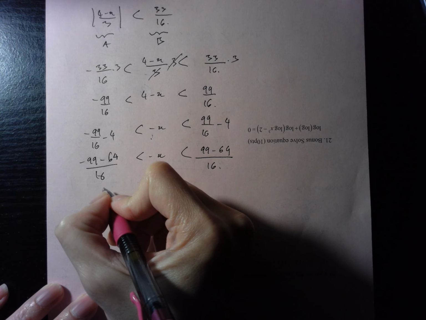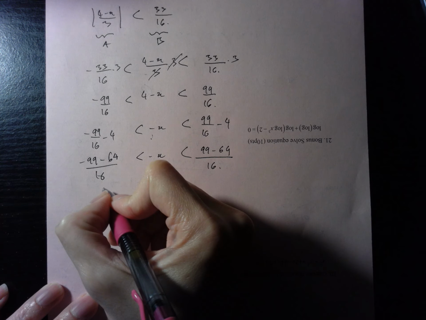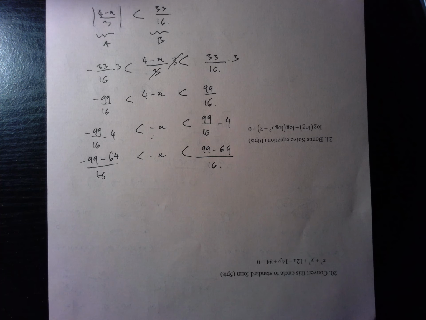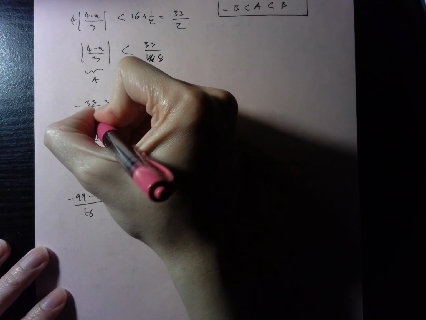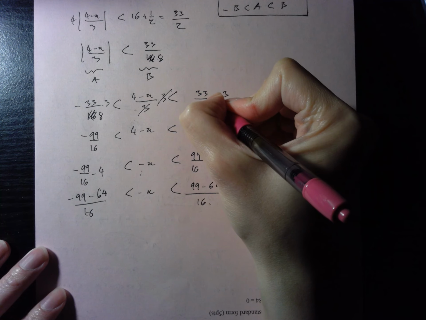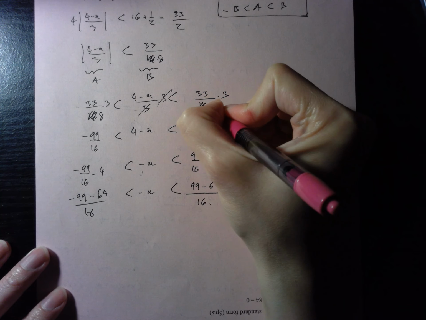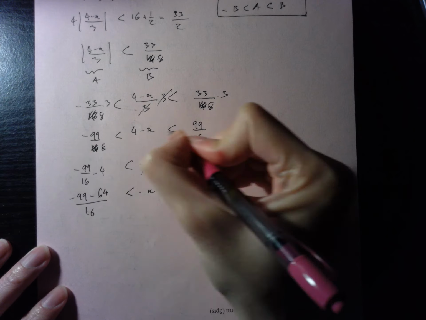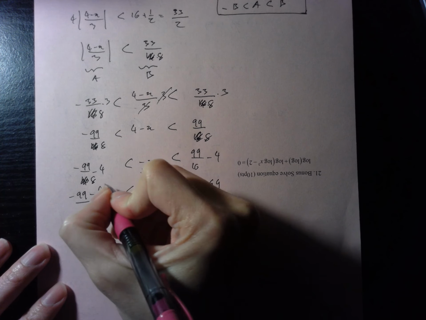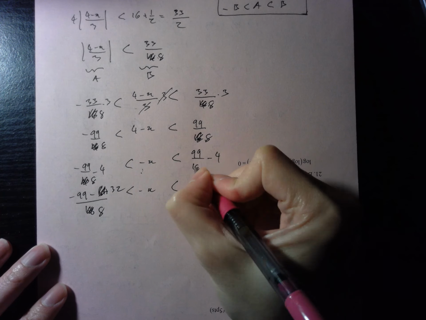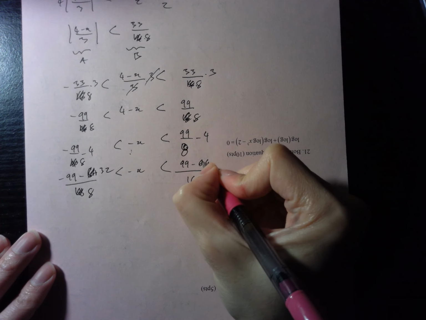Do I get something wrong here? Oh, I got something. It's not 16, it's 8. I'm sorry, 8. So 8 here, so 8 here. So this is 32, and this is 8 here. So it's 32 also.